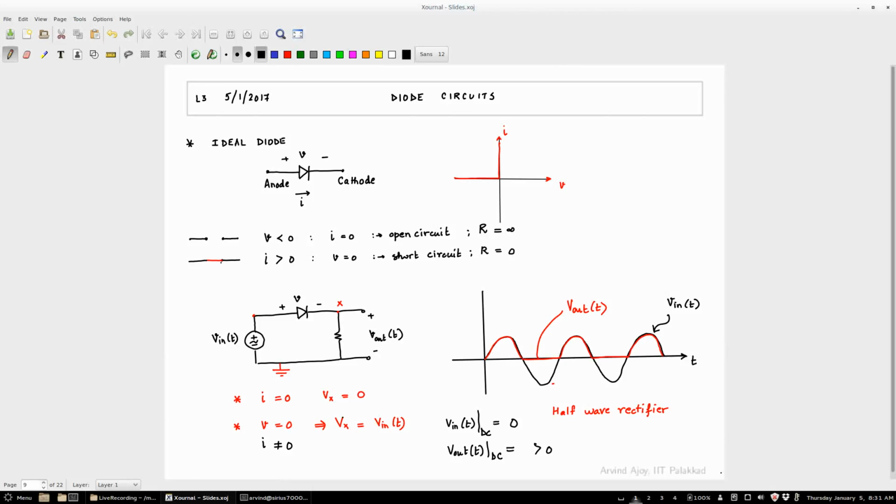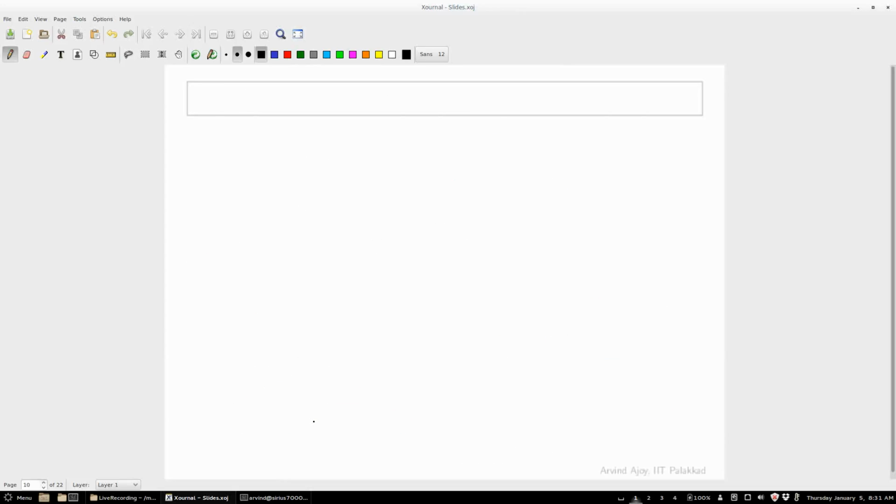Then what can you say about Vx and Vin? Vx is equal to Vin, right? And when is the voltage across the diode 0? Whenever there is some current flowing. So this is the situation when I is not equal to 0. So you have already analyzed the I equal to 0 situation. You analyze the I not equal to 0. Okay. So basically for these nonlinear circuits, you have to take both the situations and then analyze. With some practice, you will be able to directly look and tell. Then you won't go through it so systematically. Okay.